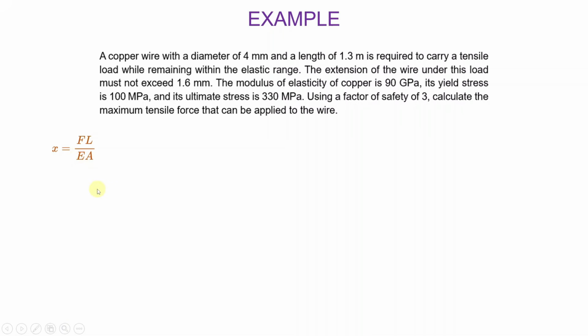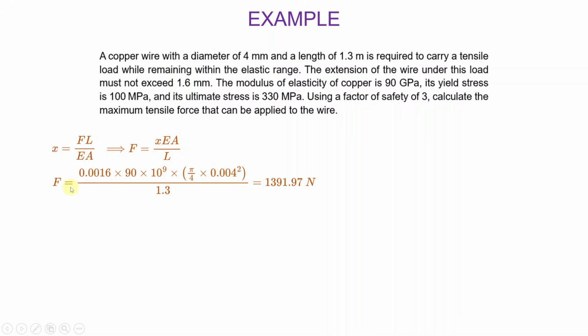And so in this case, we can rewrite this equation and make F the subject of the formula, and you will get this. And from this, you can then calculate what the tensile load needs to be for you to achieve an extension of 1.6 millimeters. If you plug in the numbers, this is what you get.